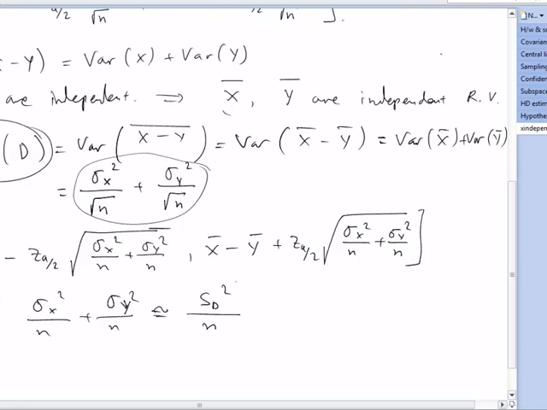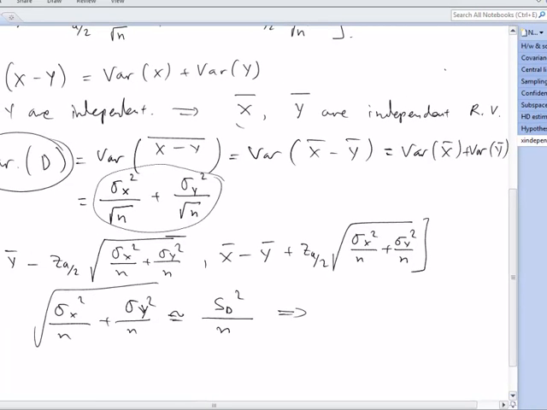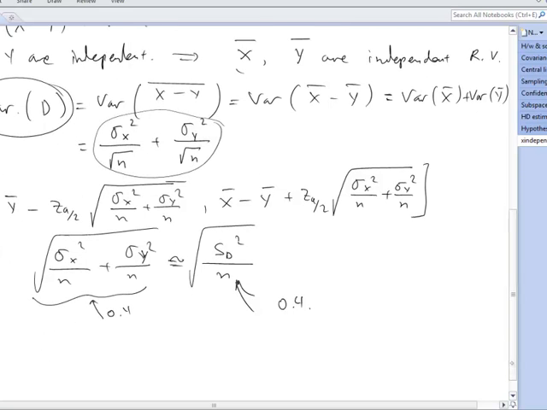So in short, what he calculated here, the approximately equal quantity, is the 0.4 that is given. So the confidence interval remains unchanged even when you do the correct calculation. That's the answer to the problem.